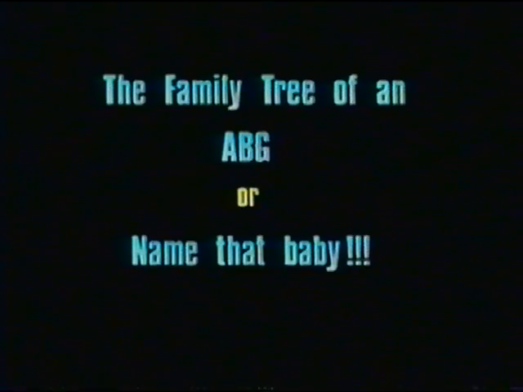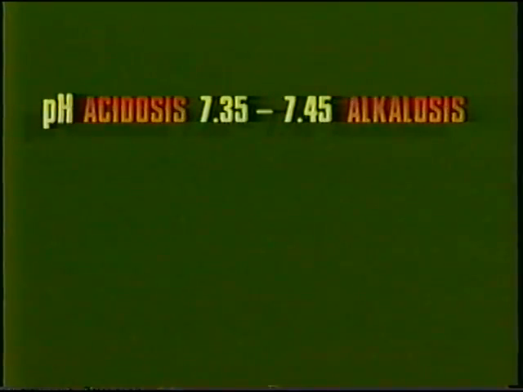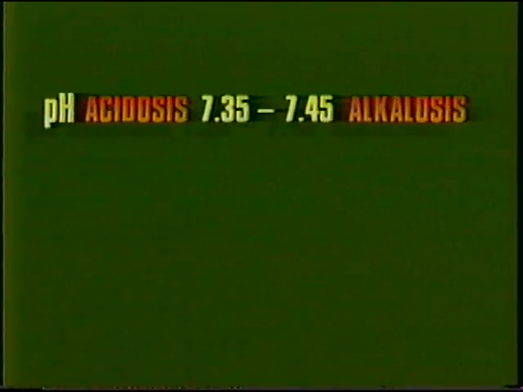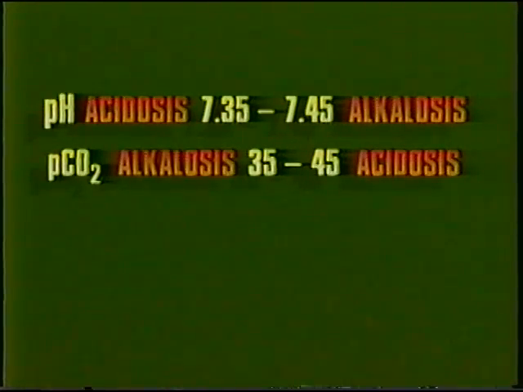Now for the fun part, the family tree of an ABG, or Name That Baby. First, start by writing down these normal values. pH, 7.35 to 7.45. PCO2, 35 to 45.